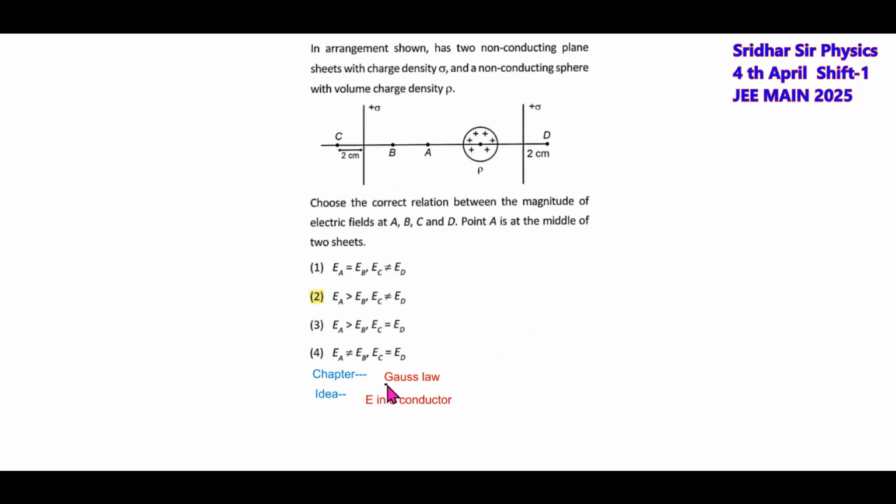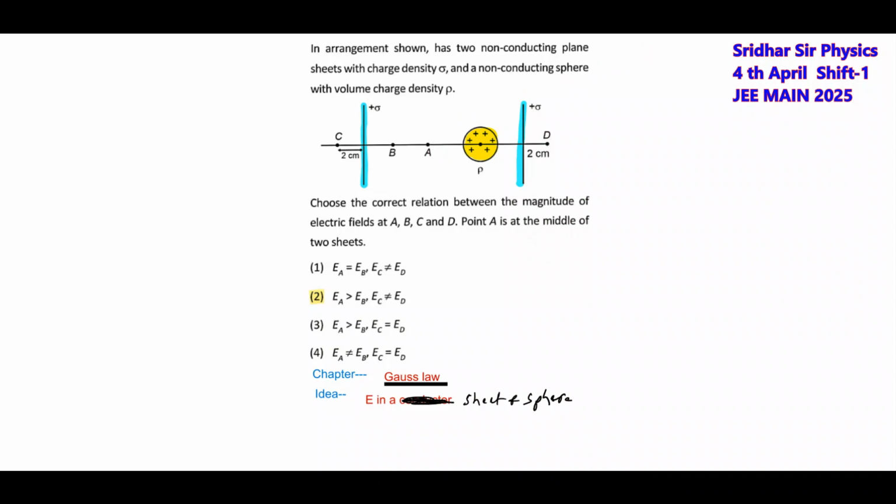Okay, this question is based on Gauss law and electric field E due to sheets and sphere. Electric field due to the charged sheet and charged sphere. Here you can see the sphere. We have a charged sphere of volume charge density rho, and these are the sheets. Now he's asking only about the comparison, not the value.